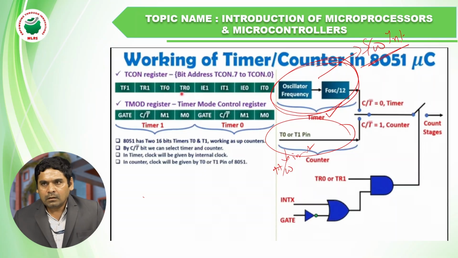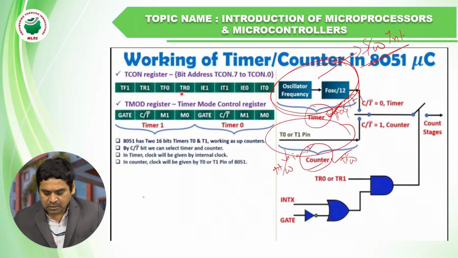The timer interrupts are TF0 and TF1. When working as a counter, the counter interrupts are INT0 bar and INT1 bar. These two are hardware interrupts. Whether it works as a counter or as a timer depends on C/T bar. C/T bar equal to 0 gives timer. This C/T bar is in the TMOD register.